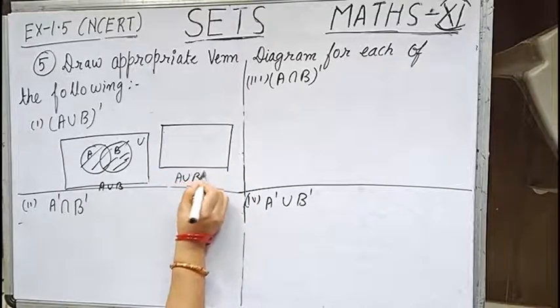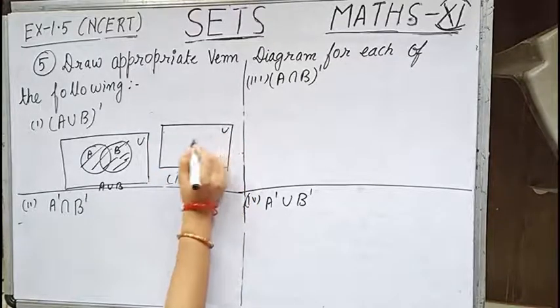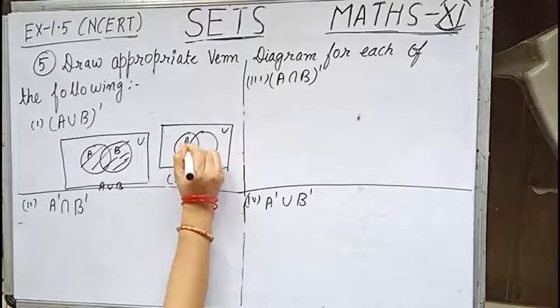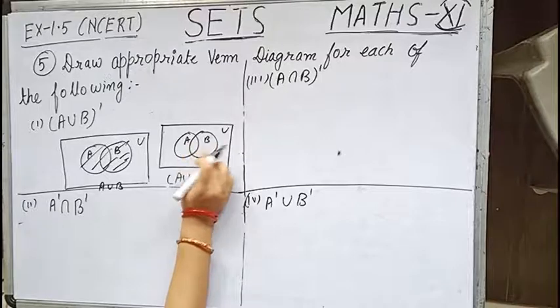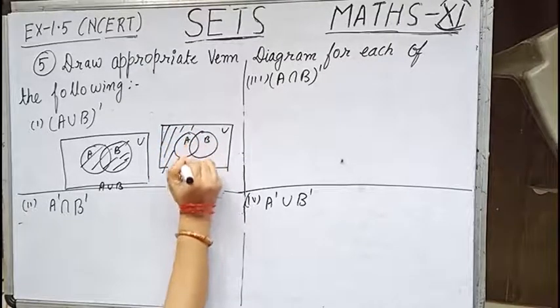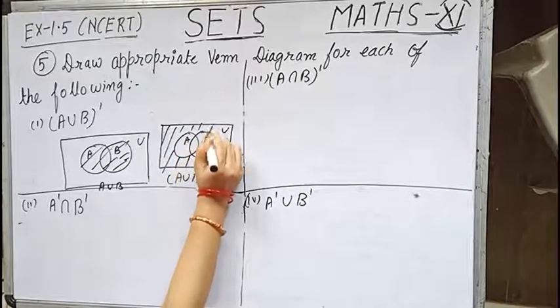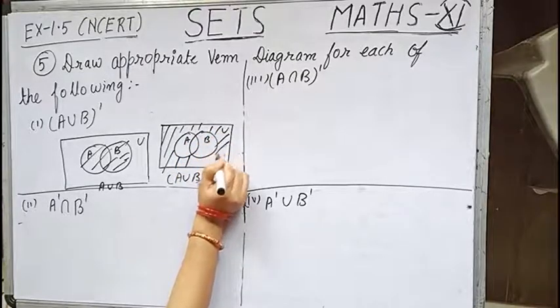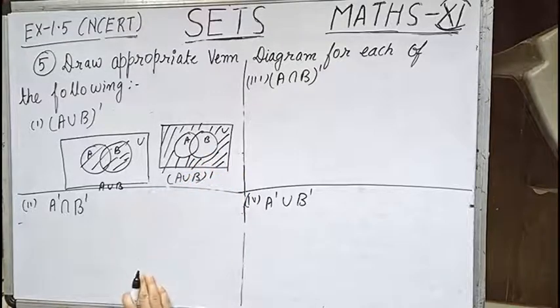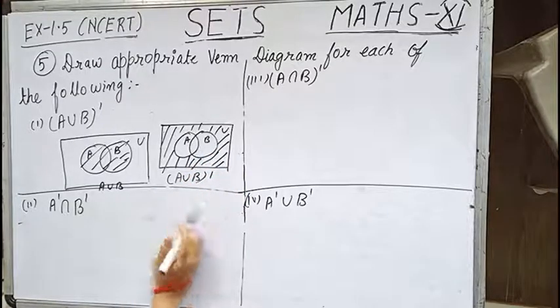A union B whole complement will be all portions except A and B. So we will shade it nicely, this portion. This is (A union B)'.